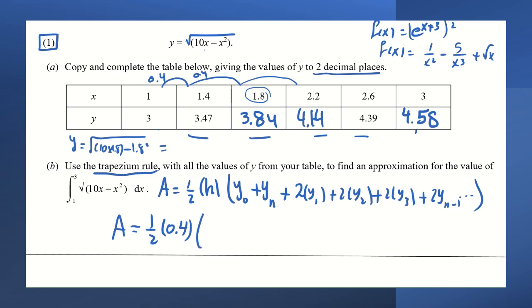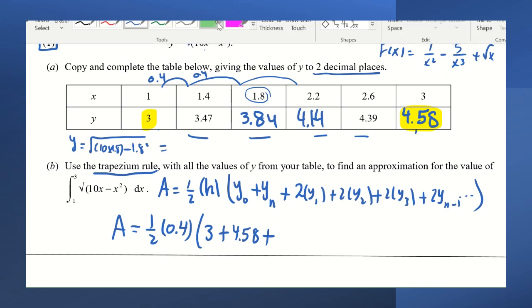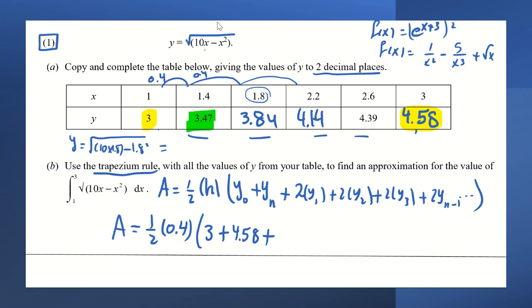Then the first value is 3, and the last value is 4.58. So I add the first value, 3, and the last value, 4.58. Then the values in between them, I'm going to multiply by 2. So all of these 4 values, multiply each one of them by 2.